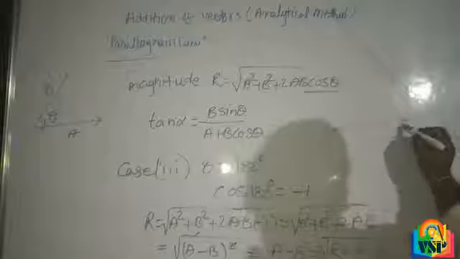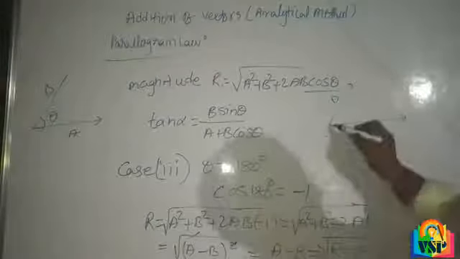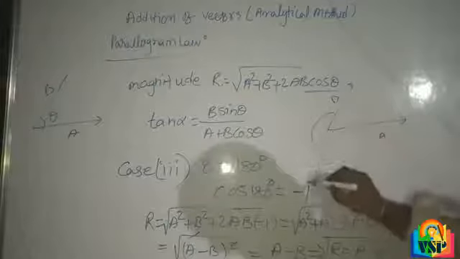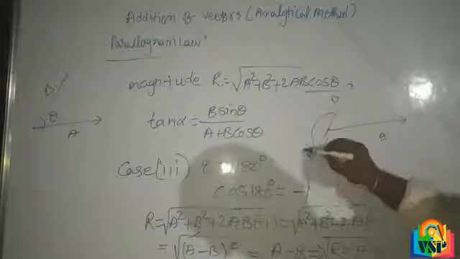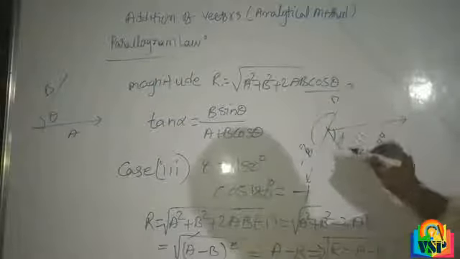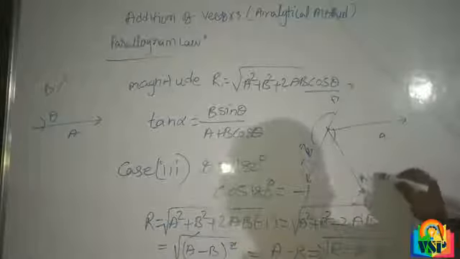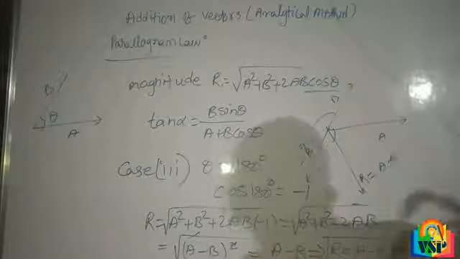This is the a vector, this is the b vector. According to case 3, the b vector is rotated 180 degrees, giving minus b. The resultant vector is like this. This is R. Here R is equal to a minus b.